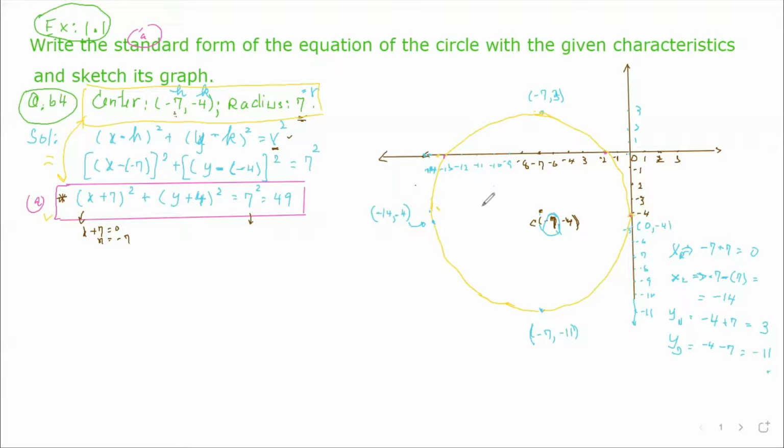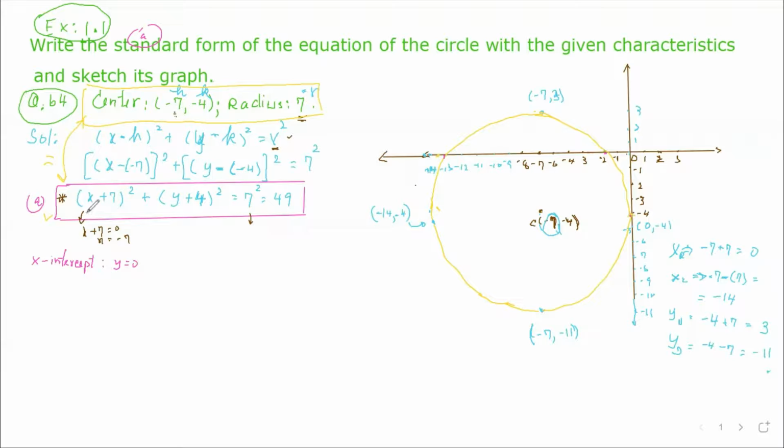Okay, so we use the idea from when you learned the linear and the parabola. So to find the x-intercept, that means y becomes 0. Okay, so in this case, we can do the calculation. Find the x-intercept. X-intercept, that means y becomes 0.